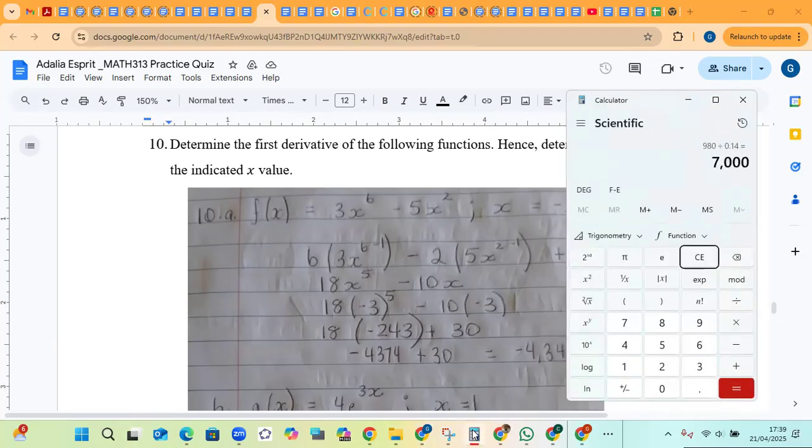Let us see if this is correct. So you have 18 times (-3), so in a bracket we put -3, raised to the 5, plus -10 times 3.